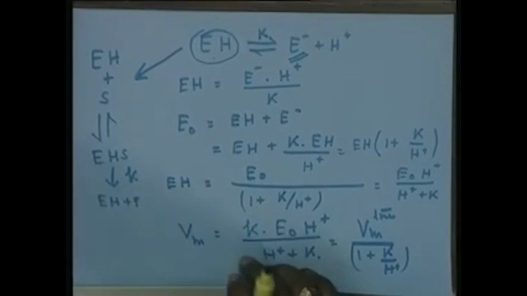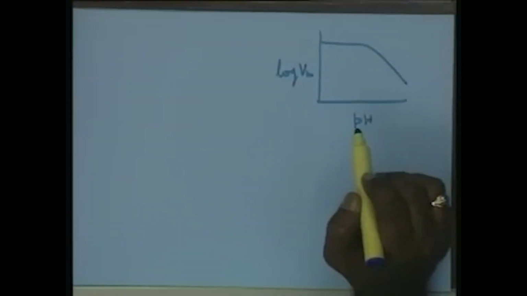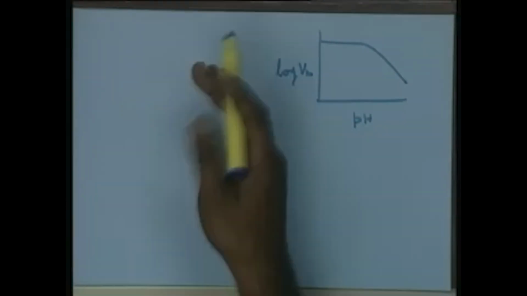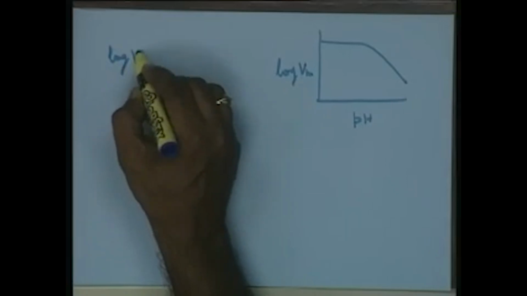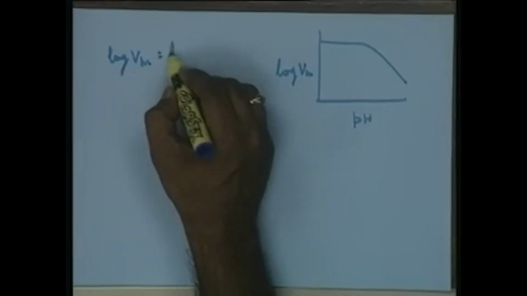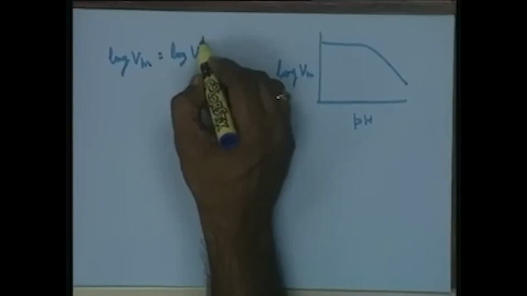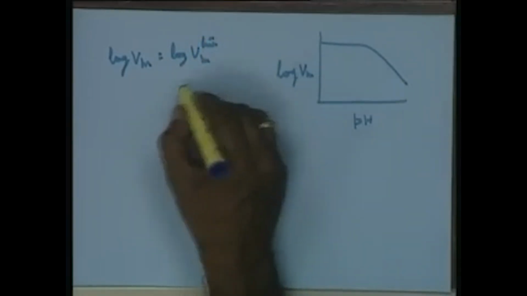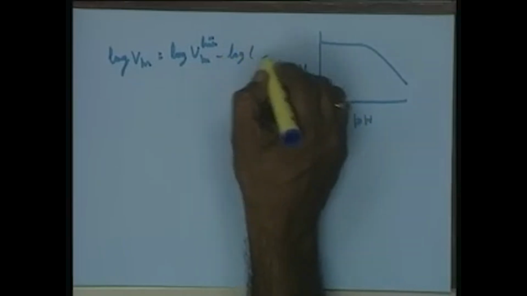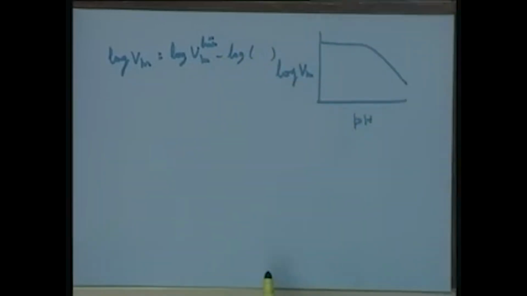Of course, in such a case, if you plot the profile of pH, which is the negative logarithm of the hydrogen ion concentration, against log Vm, you end up with a profile like this. You can even get that if you take the logarithm of both sides: log Vm is equal to log Vm true minus log of the term in the parenthesis.